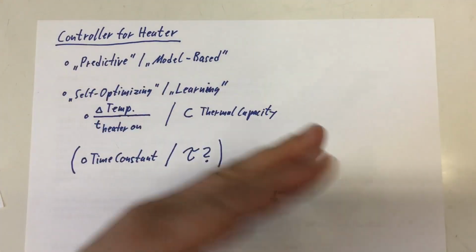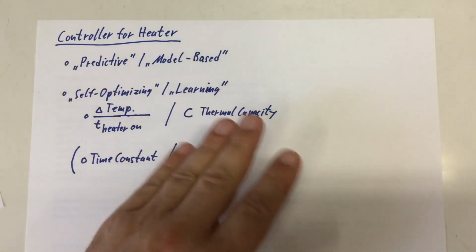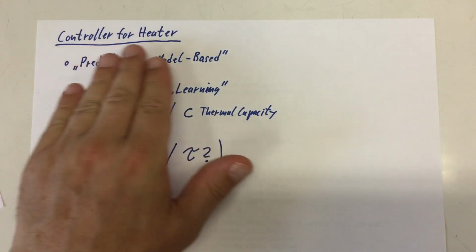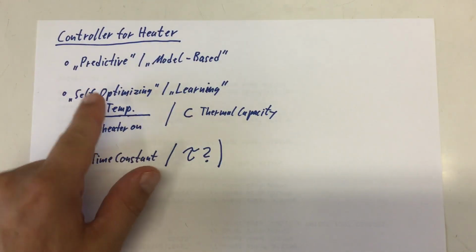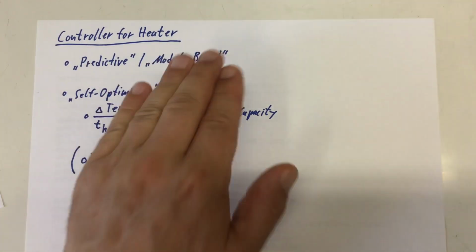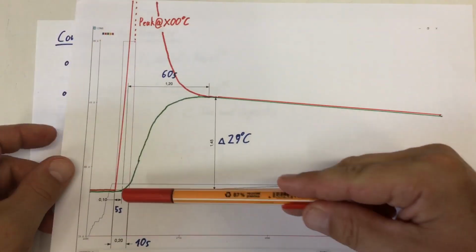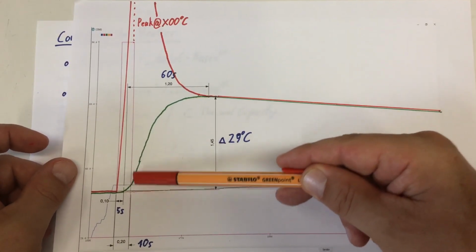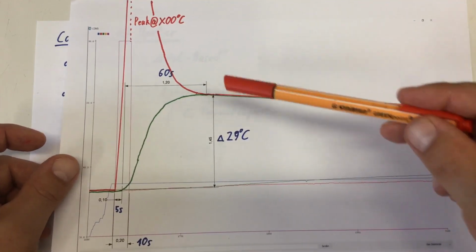Well, that was quite a lot to digest, but now we know what attributes our controller for the heater must have. First of all, it must be a predictive controller or model-based controller, so we can really know when we have to shut off the heater to reach a certain temperature.